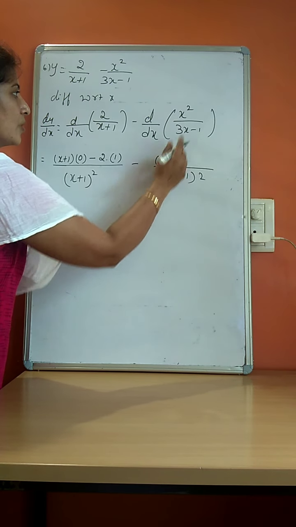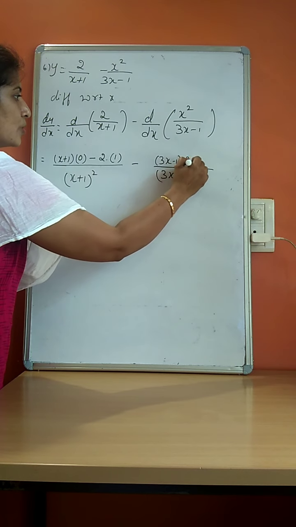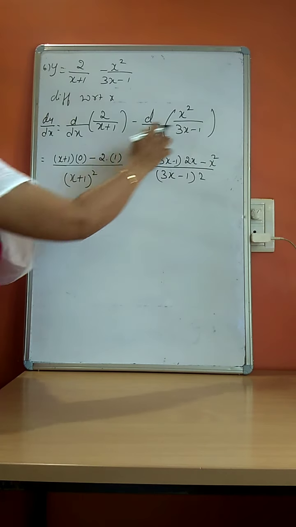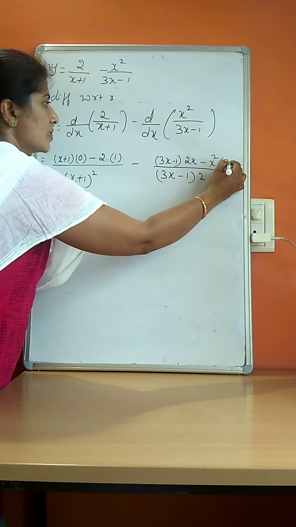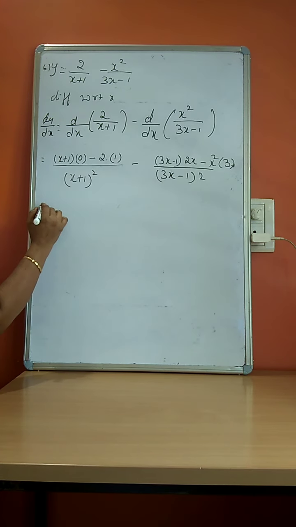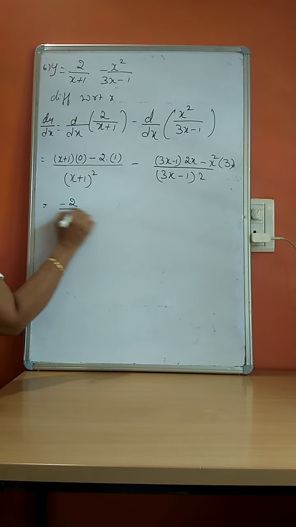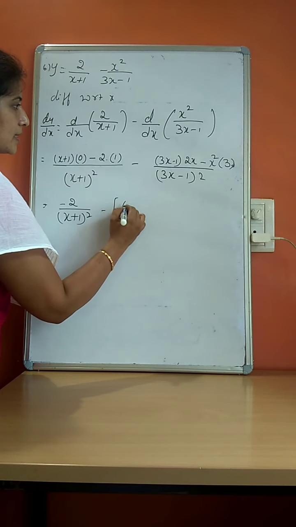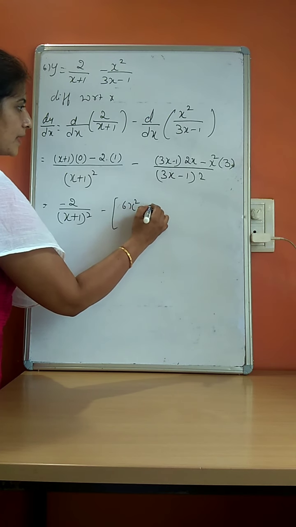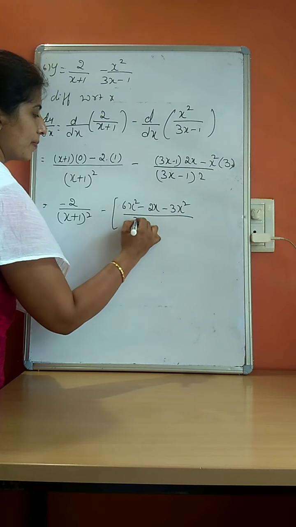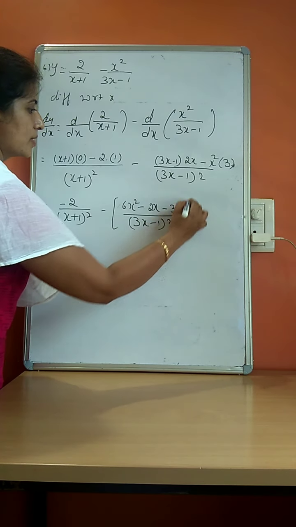3x minus 1 into differentiation of a numerator is what? 2x minus, keep the numerator as it is, and differentiation of a denominator is what? 3. That is 0 is multiplied by anything is 0. Therefore, minus 2 divided by x plus 1 whole square minus, multiply, that is 6x square minus 2x minus 3x square whole thing divided by 3x minus 1 whole square.